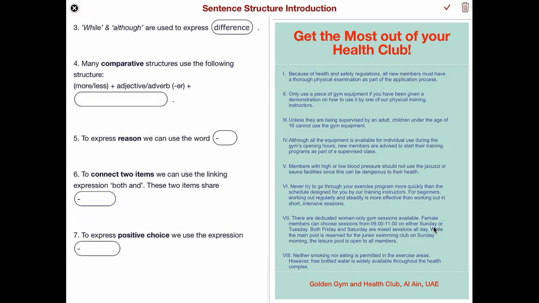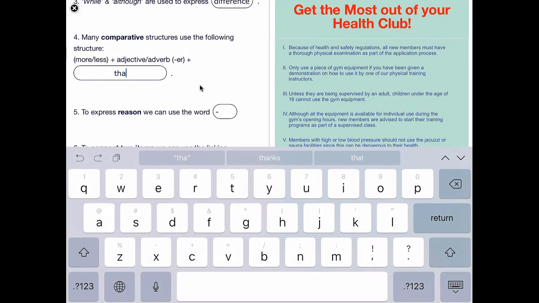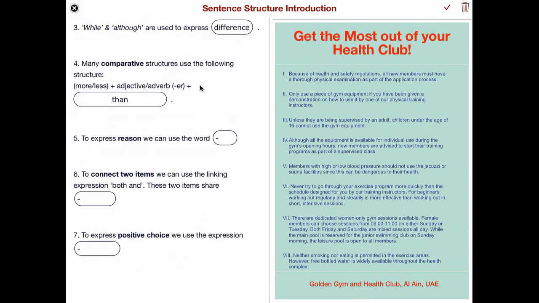Now for comparative structures, and that was more quickly than and more effective than. So we have more or less, adjective or adverb, plus what? Than. Okay? To express reason. Here's that word again. Okay, that goes with because, but we've got a different one here. Since. All right?